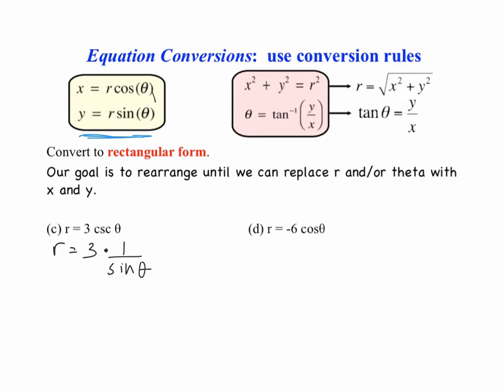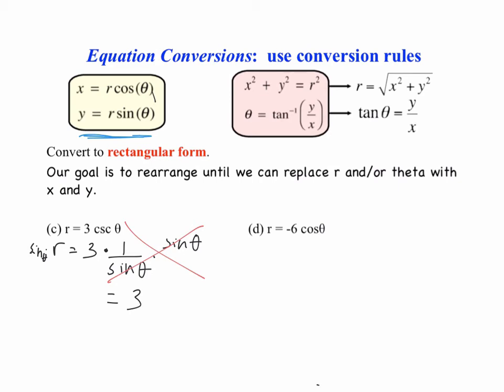And so then our trick here is going to be, well, if I multiply by the sine of theta on both sides, then on this side, 1 over sine theta times sine theta just becomes 1. So on the right side I have equals 3.